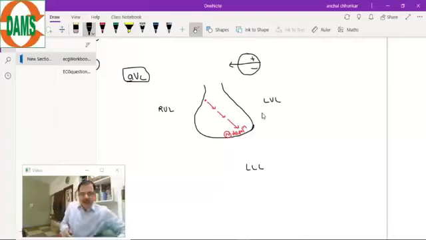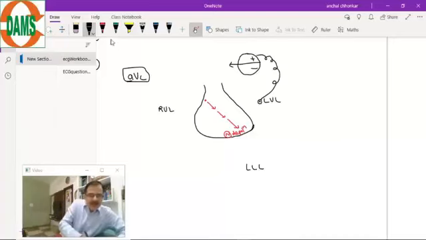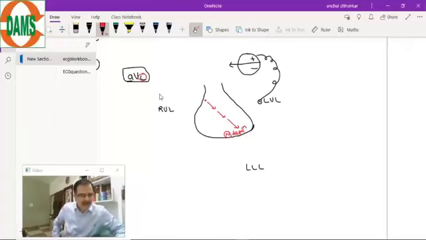So now coming to the lead AVL combination. From the left upper limb, the wire will go to the positive pole. So the left upper limb is the exploring electrode, therefore the letter L is there.